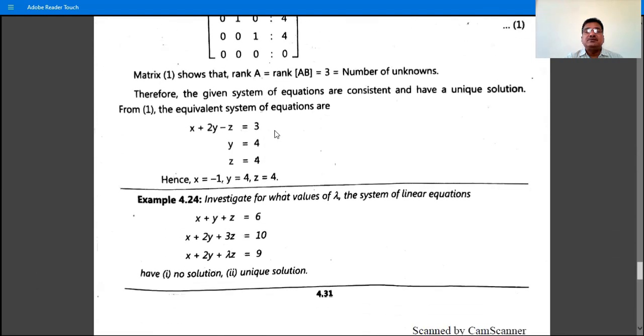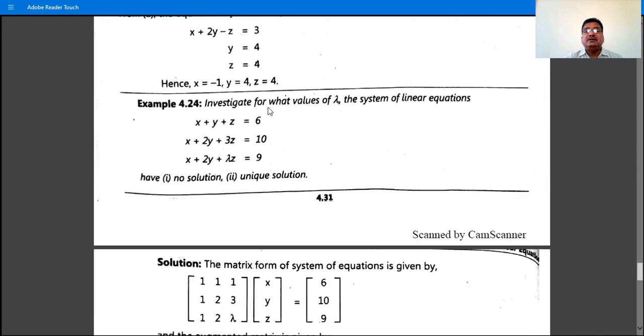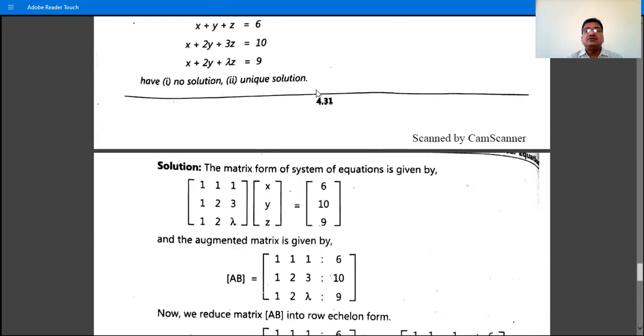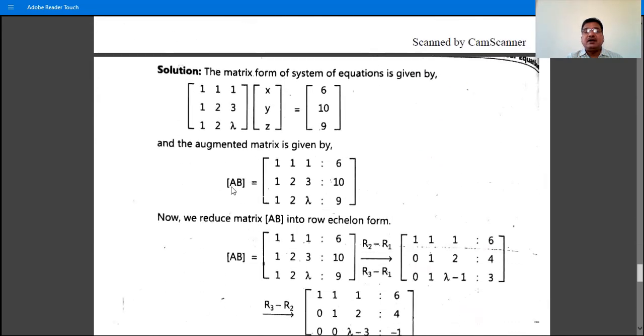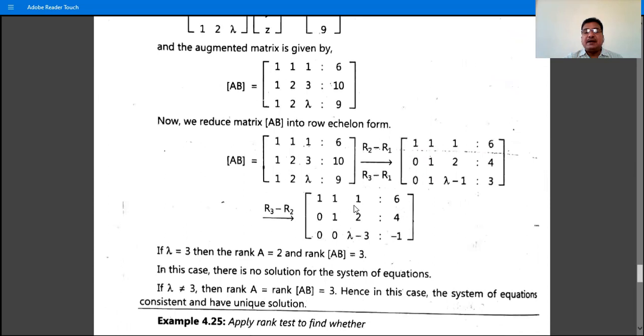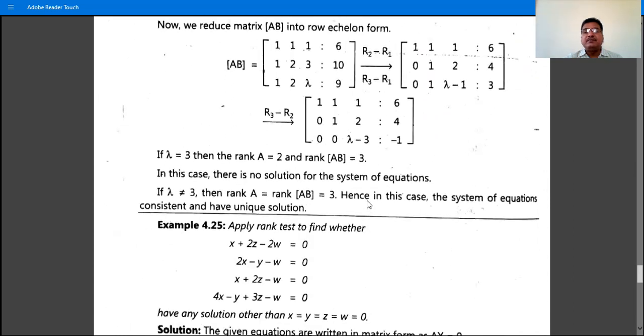So these are some problems on investigating for what value of lambda the system of linear equations has no solution and unique solution. So first write the system in matrix form, then write the augmented matrix, reduce the matrix to echelon form. This is the echelon form. And if you observe the echelon form, then if lambda is 3, then lambda minus 3 is 0. And in this case, rank of A is 2 and rank of AB is 3.